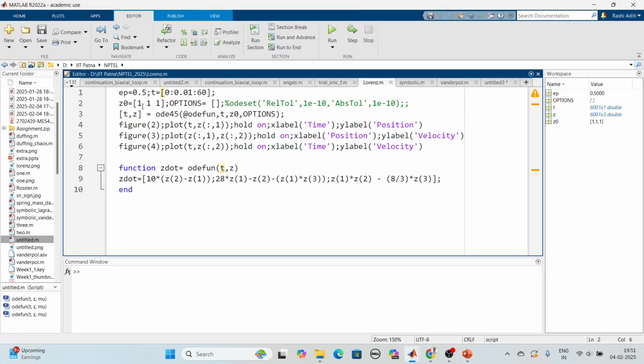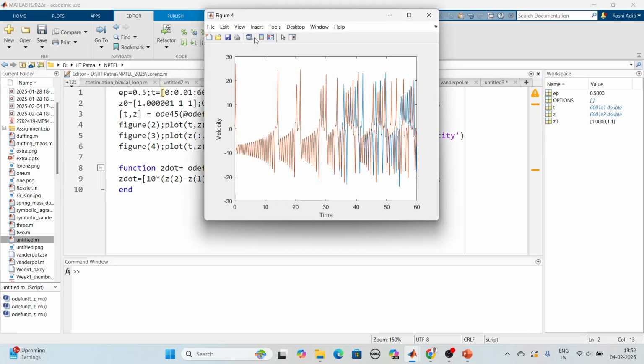Now I'll change it to 1.000001. If you closely look, the value of the variation that I have given is 10 to the power minus 6.